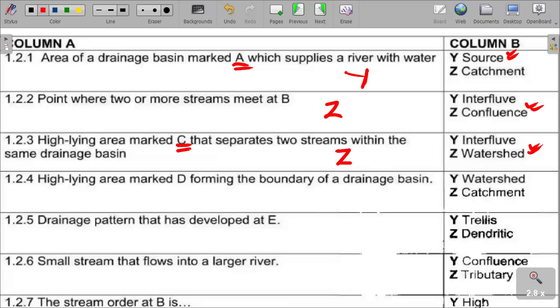And then a high-lying area marked D forming the boundary of a drainage basin.